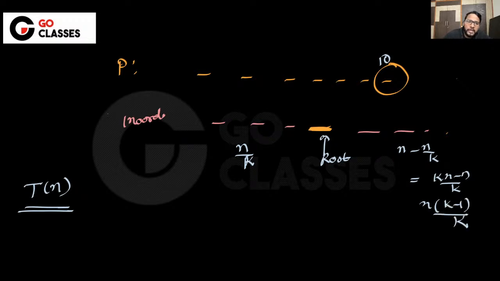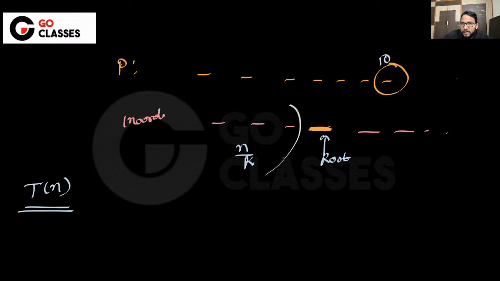So you have n by k nodes on this side and n into (k minus 1) upon k nodes on this side, right? This is 1 by k and 1 minus 1 by k.